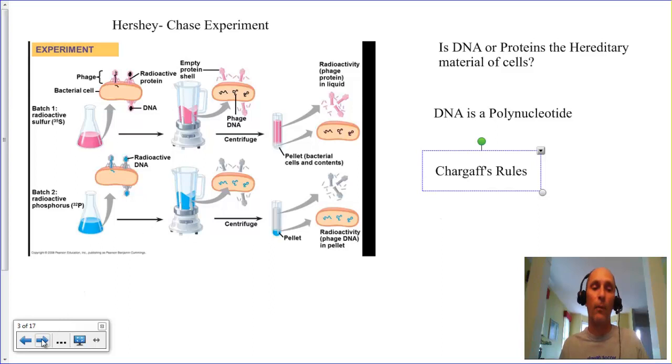So we had that kind of information about DNA. One is that the radioactive label got incorporated into the DNA, but did not get incorporated into the proteins. Second was that the DNA was this long chain molecule. And third is that the A's and the T's had the same percentage, and the C's and G's had the same percentage.